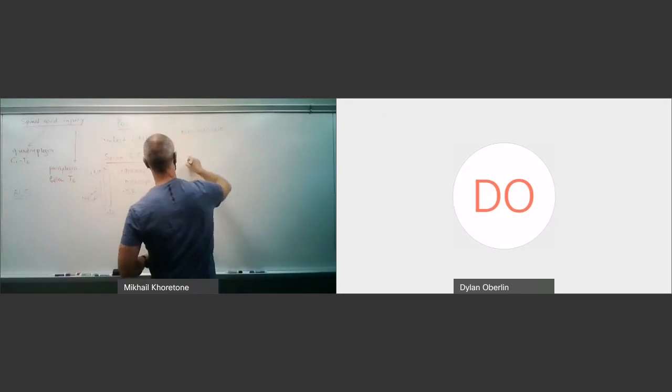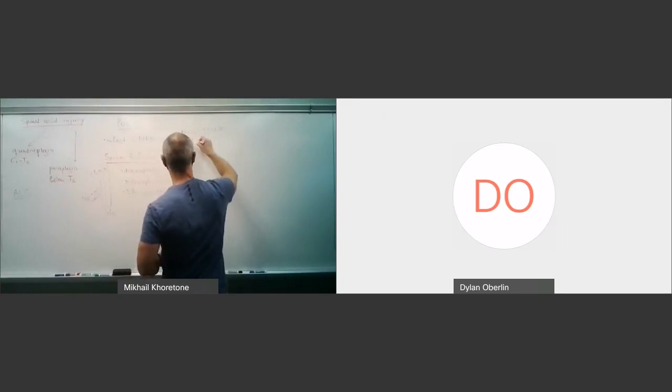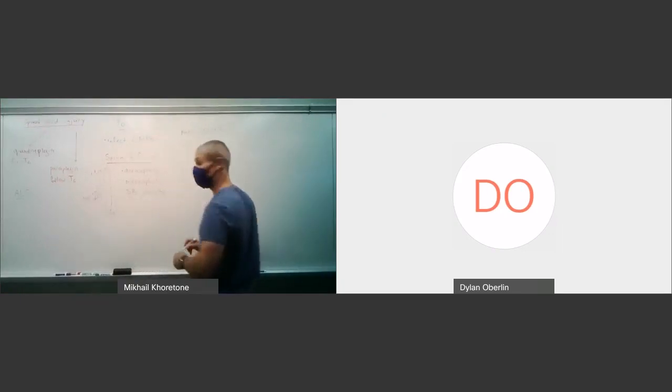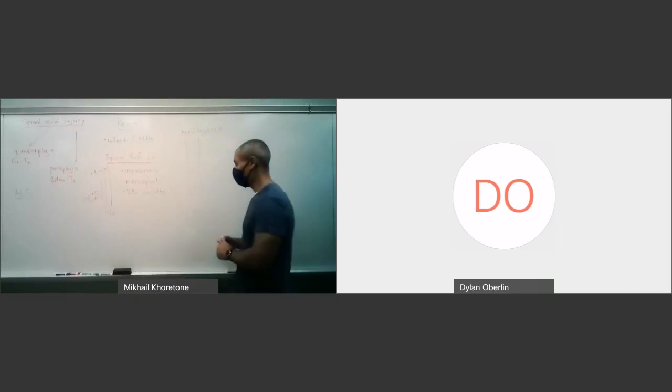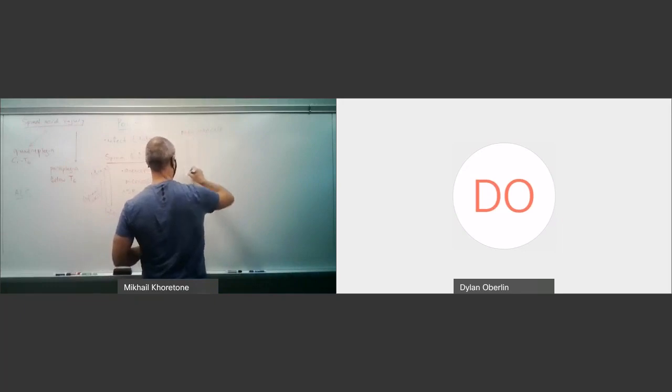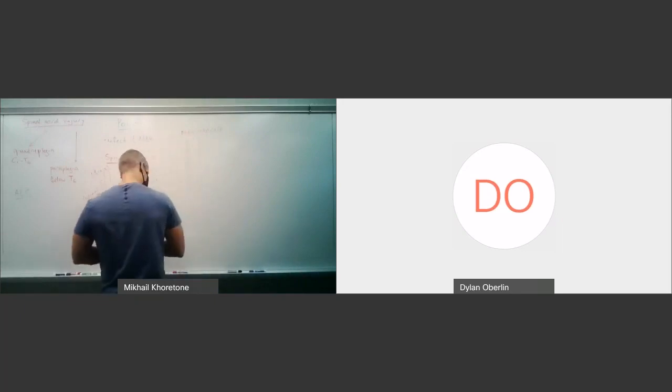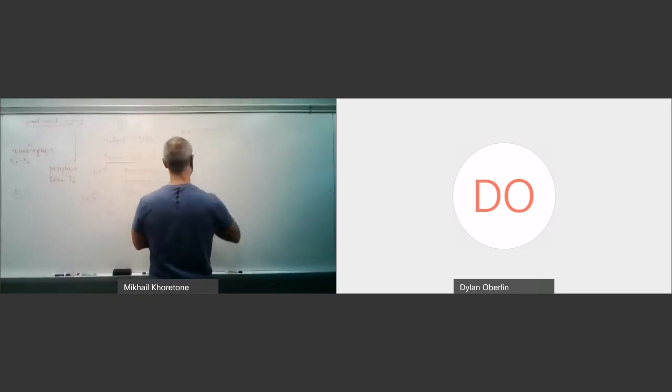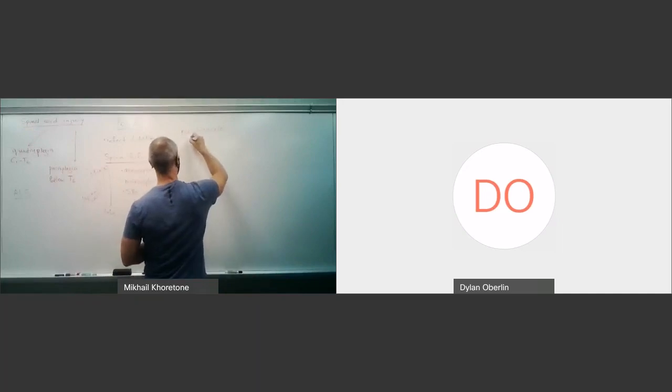So if this is your spinal cord, okay? The green is meninges, and the blue is, well, that's the spinal column. So that's your spinal cord. Blue is the spinal cord, okay?